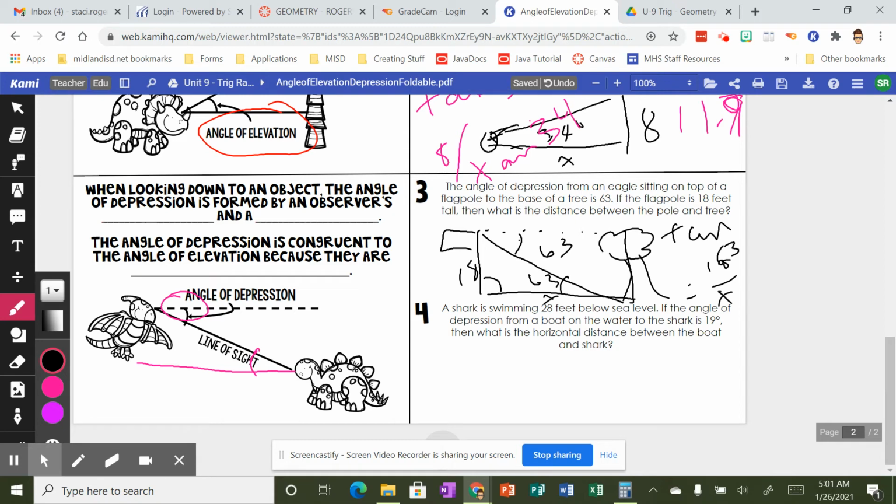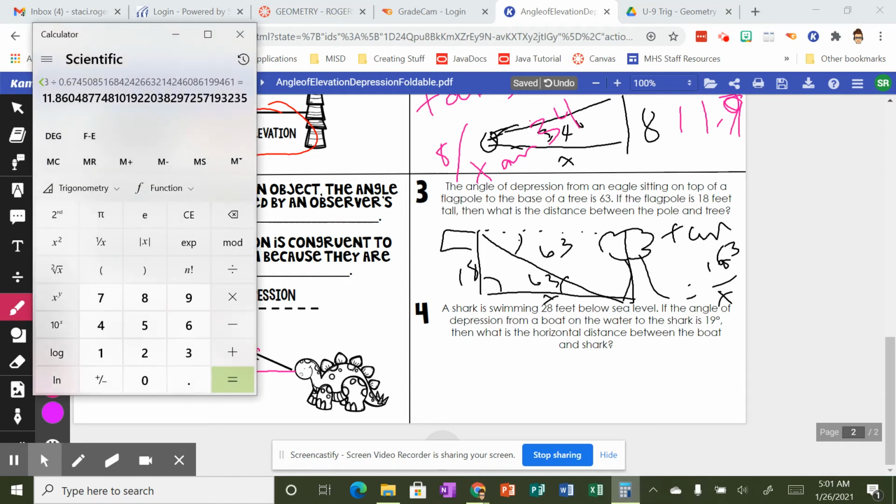So I would put that in the calculator. I would do tangent of 63 first, so I'm going to clear my memory.